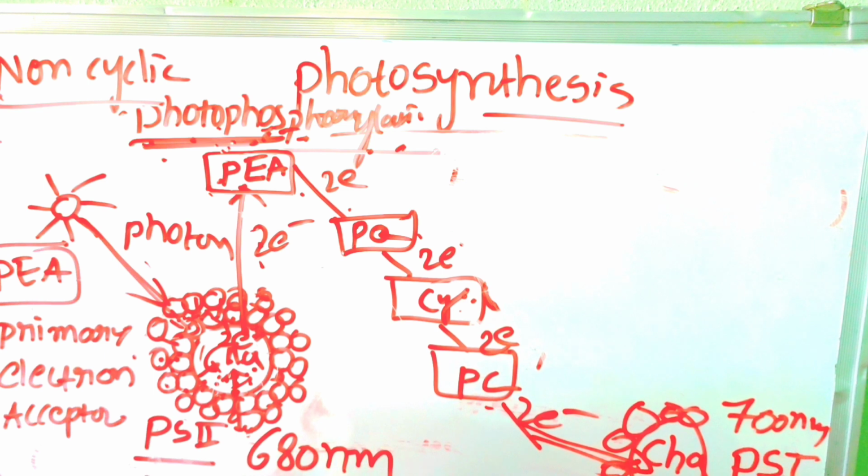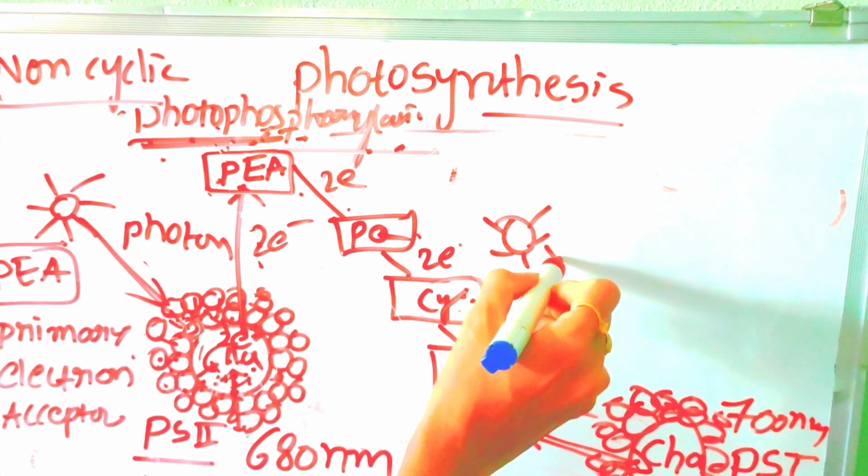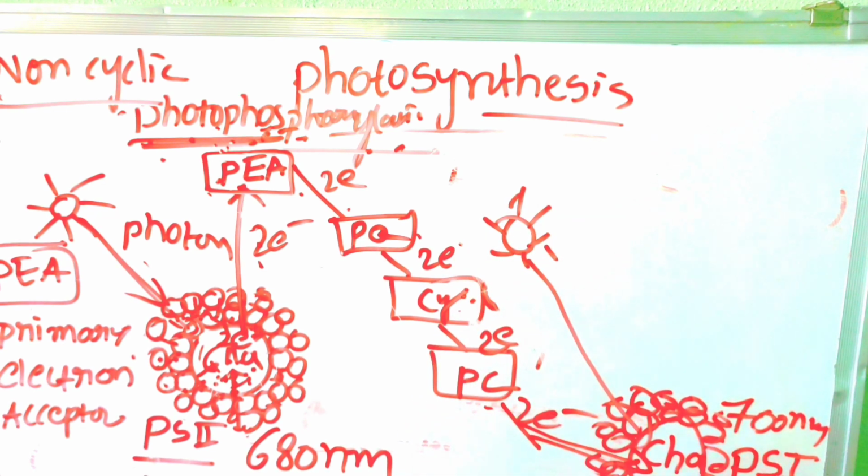The reaction center of photosystem 1 is surrounded by other accessory pigments. Through these accessory pigments, the same process happens: the sunlight again falls on the reaction center chlorophyll A, which absorbs a wavelength of 700 nanometers.